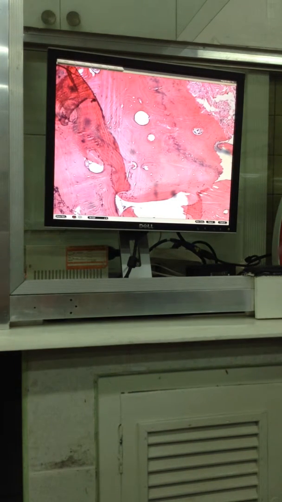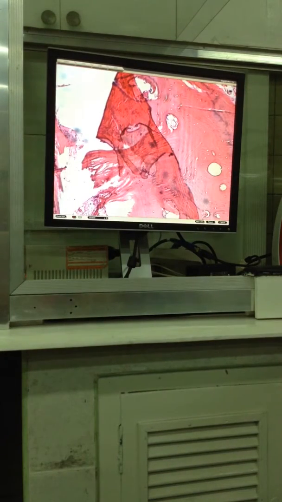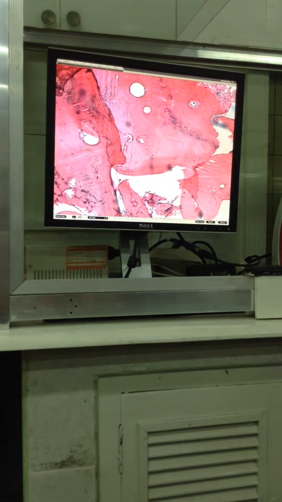You will see there's more of a bluish tinge in your chondroid material. And these are your chondrocytes, which show the vacuolated area, and they have cells within them in those chondroid areas.